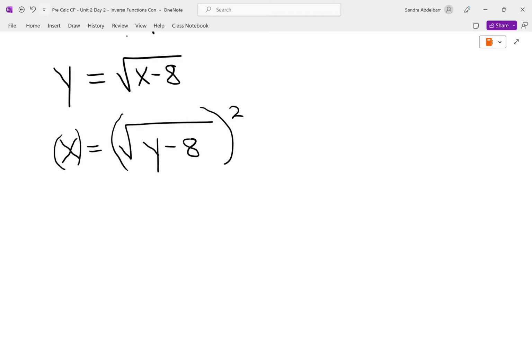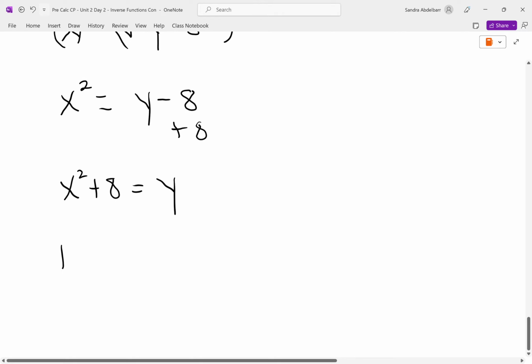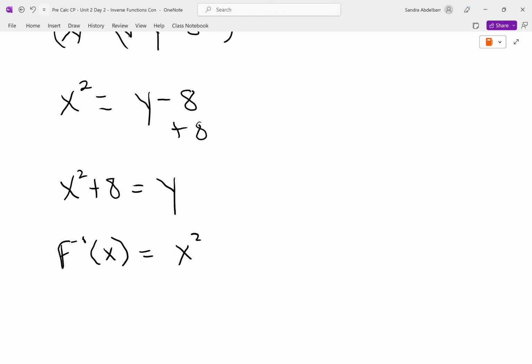You got it. So now this is going to be x squared equals y minus 8. Then what are we going to do? Plus 8. So x squared plus 8 equals y. Or we can say the inverse function equals x squared plus 8.